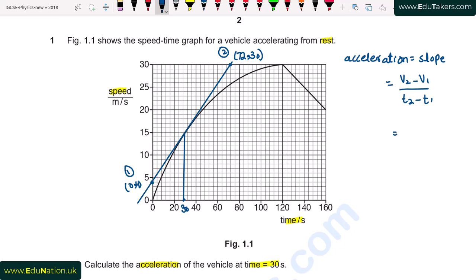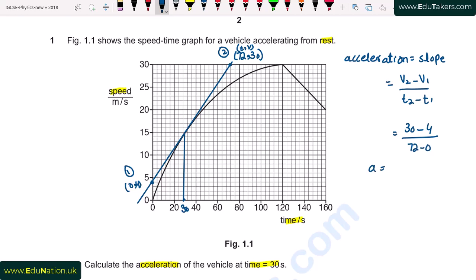So first of all, it is t and v. So v1 is 4 while v2 is 30. So I write here 30 minus 4 divided by time, which is 72 and 0, so it will be 72 minus 0.